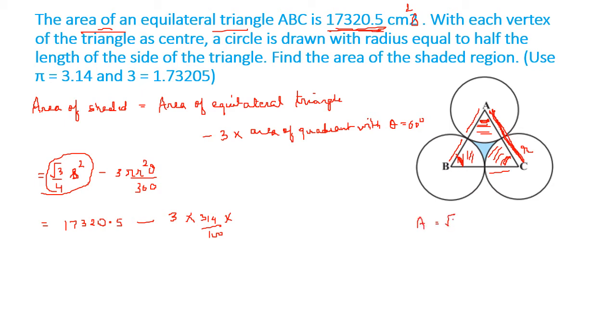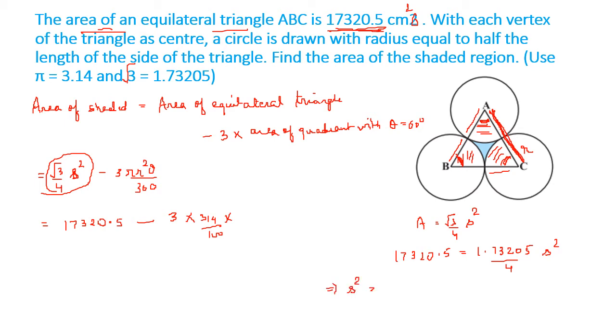Area is root 3 by 4 side square. Now the area is given, 17320.5, and the value of root 3 is given as 1.73205 upon 4 side square. So rearrange.